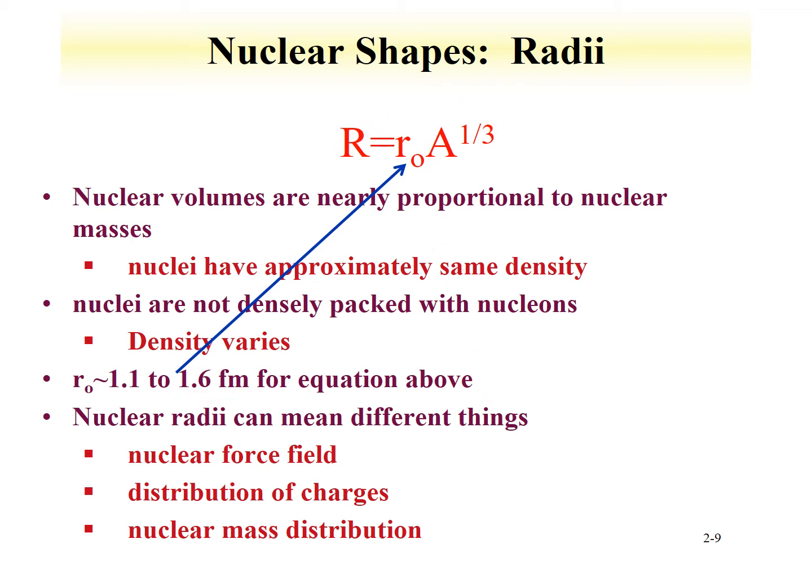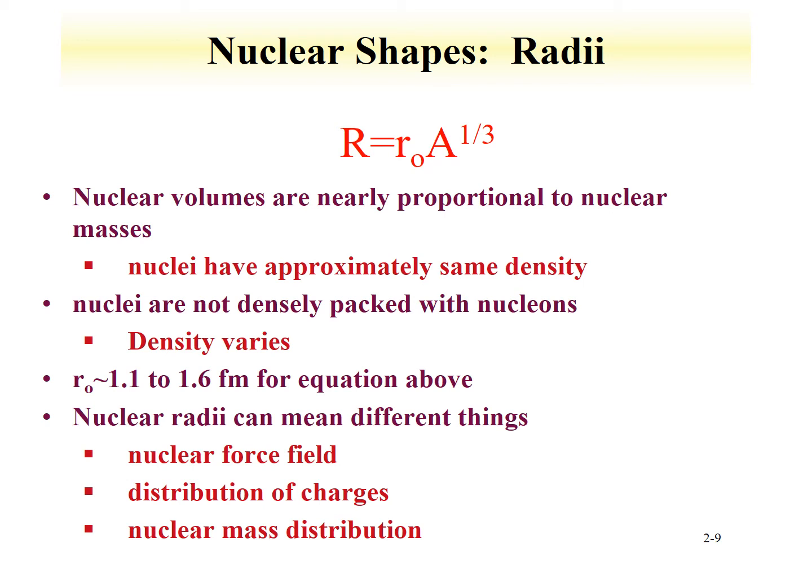So that variation has to do with the areas and type of isotopes that are examined. So variations in nuclear radii can mean a few different things, and have different implications. That there's a nuclear force field, that there's distribution in charges, and that there's nuclear mass distributions.